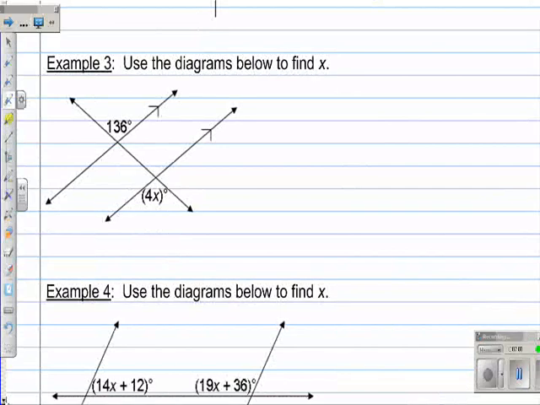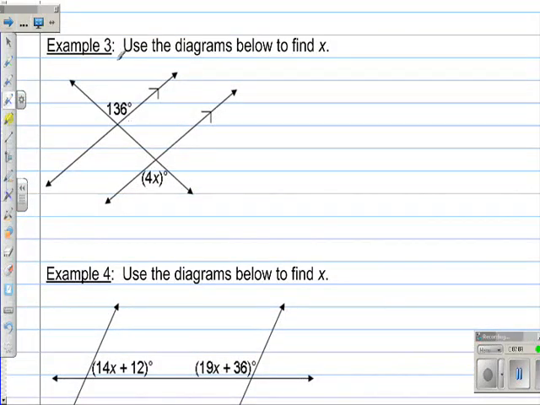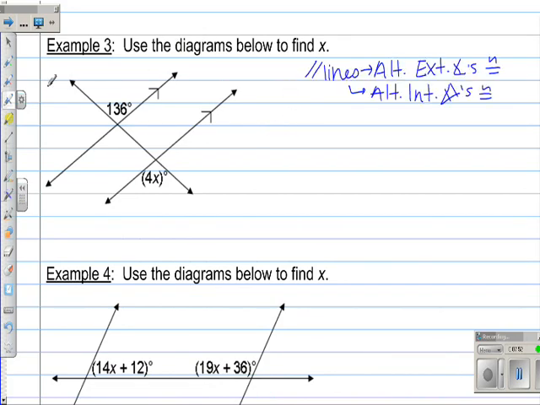From here, we're going to use what we just proved to find the measure of angle x. Well, in the same way that alternate interior angles are congruent, alternate exterior angles are congruent. Since they're alternate exterior angles and parallel lines imply that alternate exterior angles are congruent, then I know that this angle and this angle must be congruent because they're on opposite sides of my transversal and they're on the exterior of my two parallel lines, which our picture tells us they are parallel.